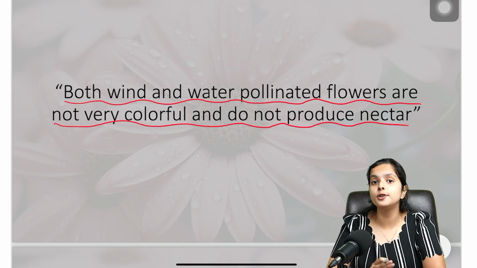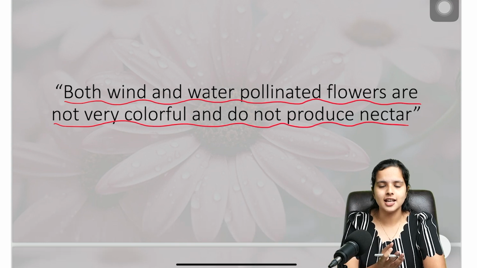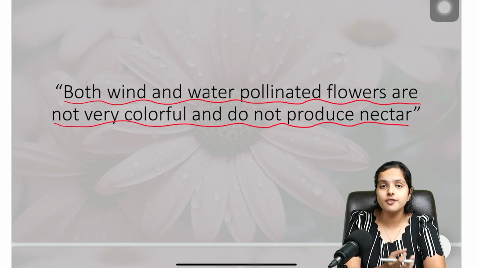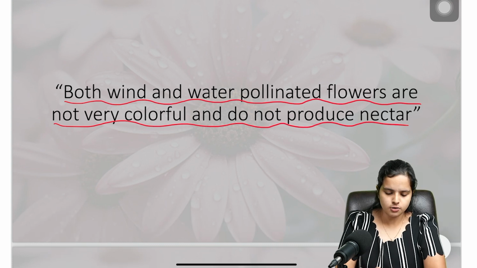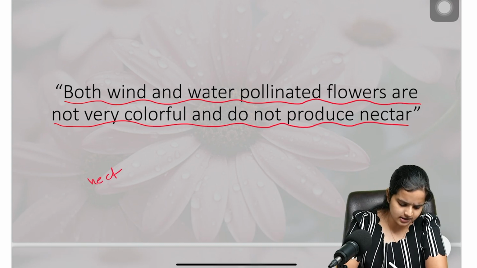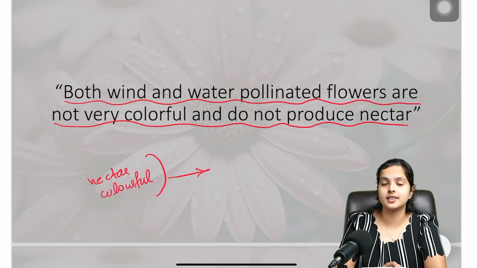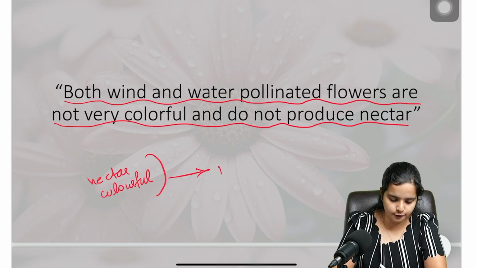Nectar and colorful flowers are made in order to attract insects or other animals, the living or biotic agents of pollination.